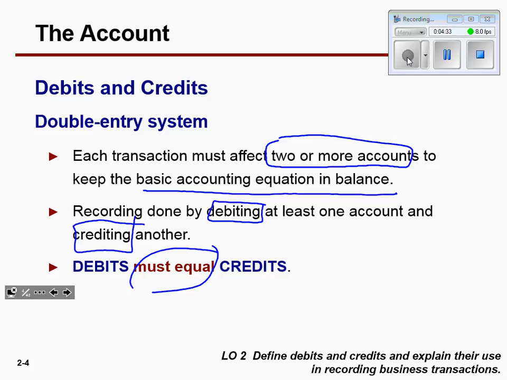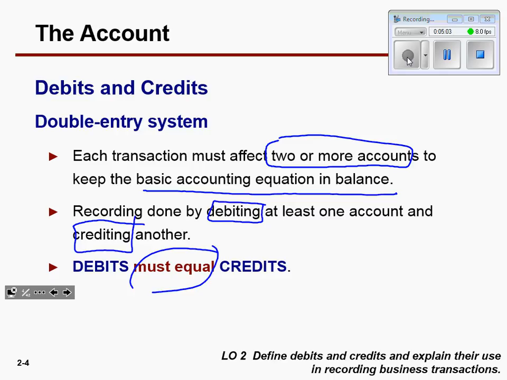For example, if you pay your liabilities using cash, you know cash is going to be one of them. Soon you're going to realize that if you're going down with cash, that's the credit. So if I use a credit in one place, what does the other half of the transaction have to be? A debit. Or if I get cash, then I know cash is my debit. The other one has to be the credit.